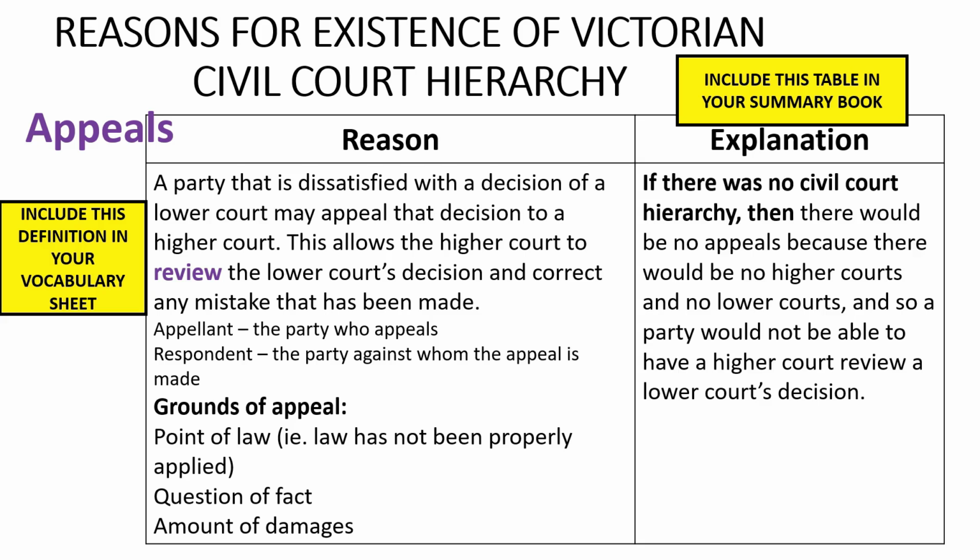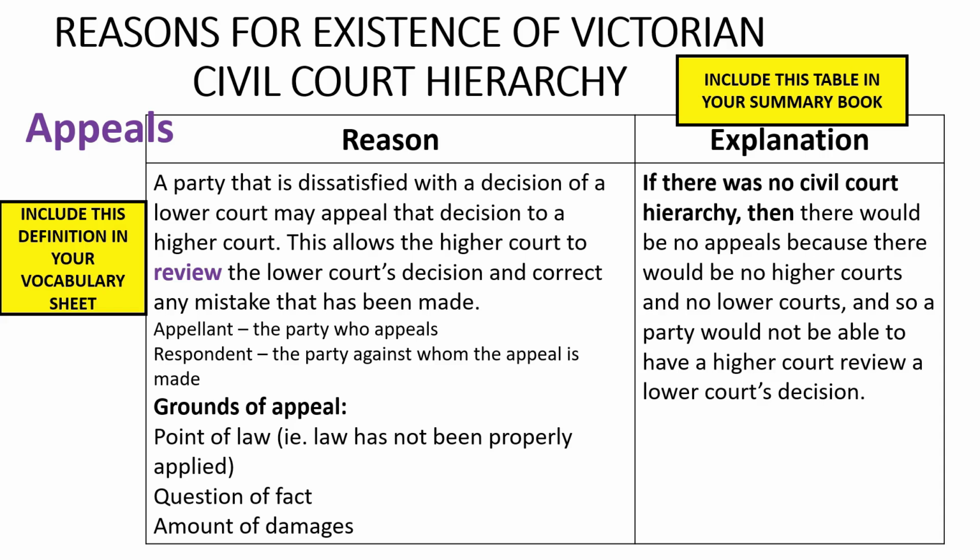Now, you can see why we need to have a Victorian civil court hierarchy for there to be appeals. If you didn't know what courts were higher or lower than other courts, you wouldn't know what court you could appeal from or to.